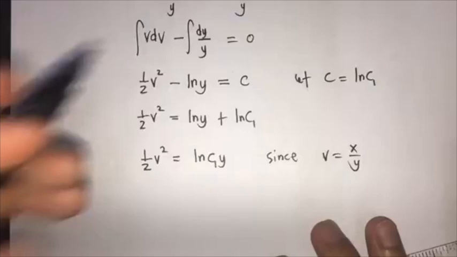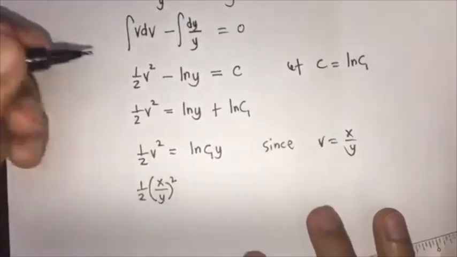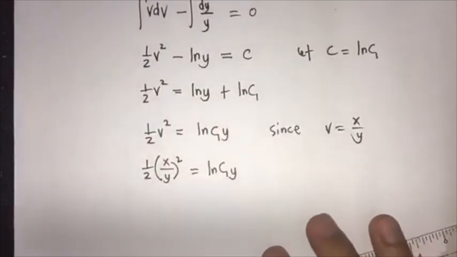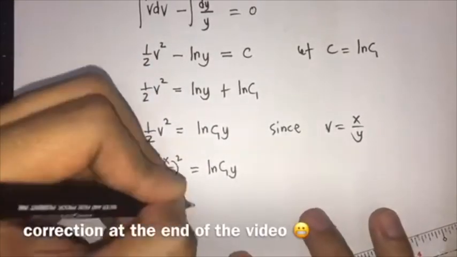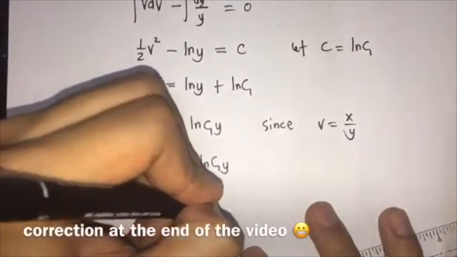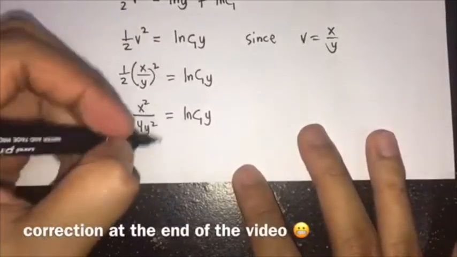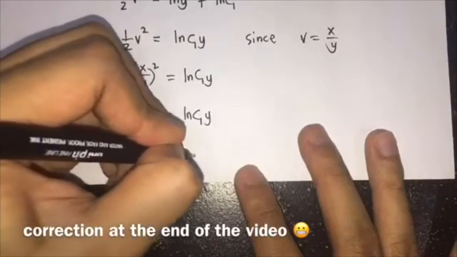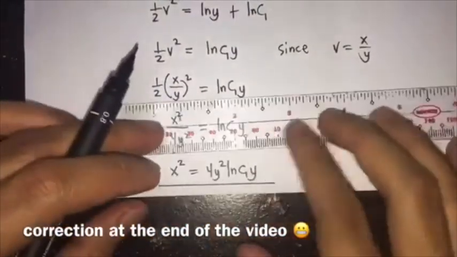So we can substitute that back, so we will have 1/2 (x over y) squared is equal to ln of c1 y, or simplifying, this will be x squared over 4y squared is equal to ln of c1 y. Or if you don't want any fraction, you can cross multiply 4y squared on the other side, so we'll have x squared is equal to 4y squared ln of c1 times y. Okay, so this is still a general solution.